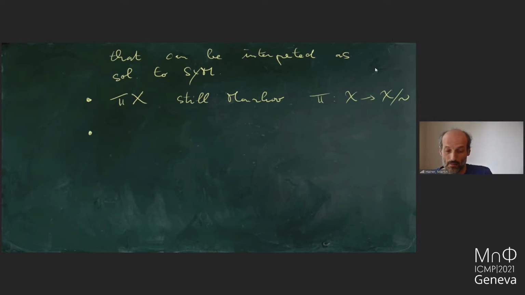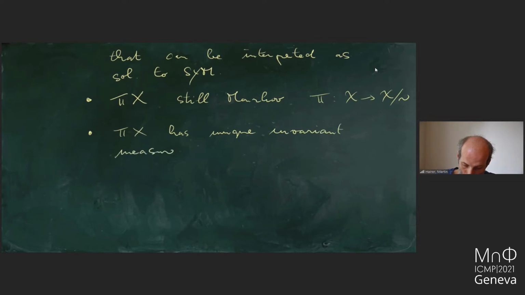And then, even better, you would want to know that pi X has a unique invariant measure on the space of gauge orbits.